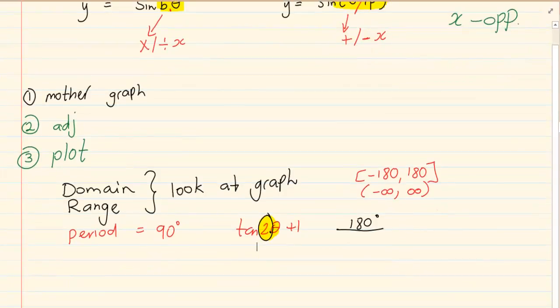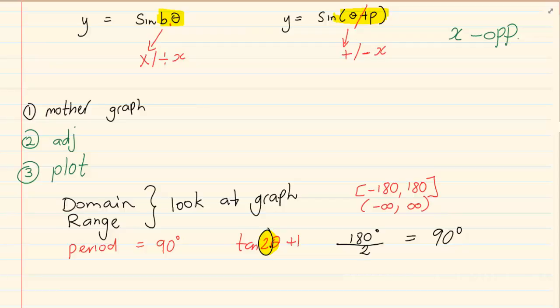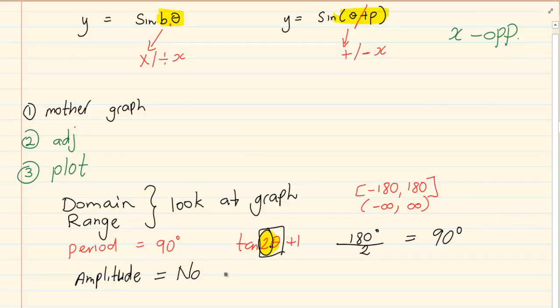And if you divide it by 2, look at what you get, 90. So to get the period, look at the question. You take the original, you see the adjustment that is specifically next to theta, and that would be your period. Then they would ask you the amplitude. With a tan graph, there is no amplitude.